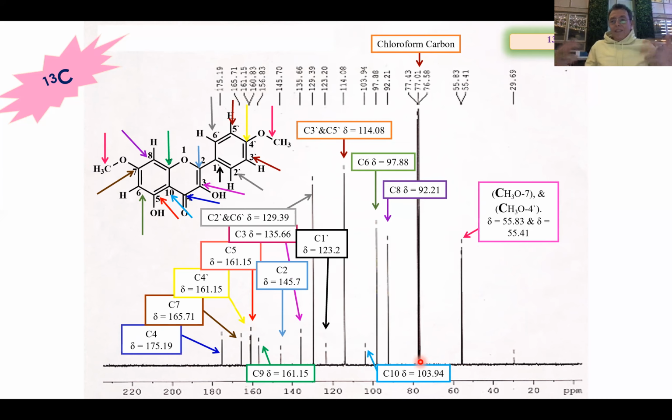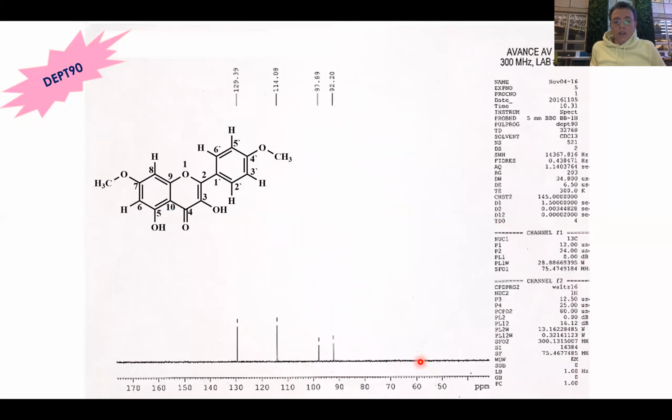Here you can practice with such assignment to learn more about the assignment of carbon 13 of flavonoid, which is strong evidence of the structure.